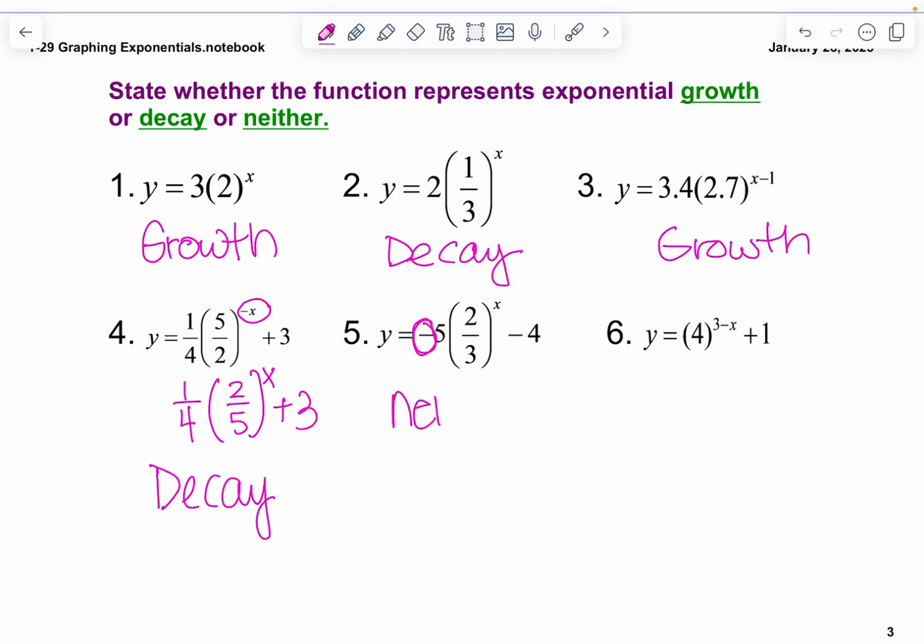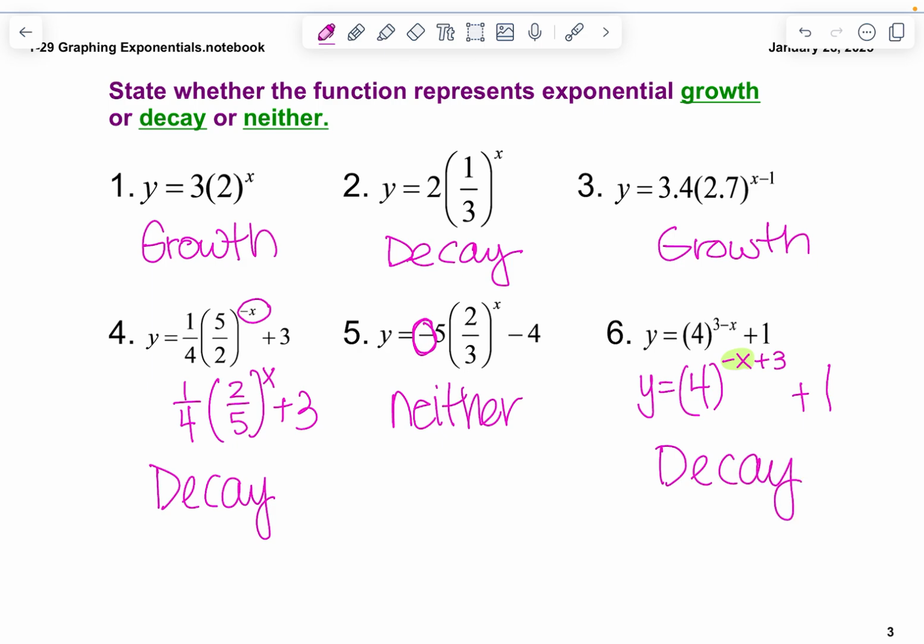This is neither. And number 6, if we rewrite this so that our x is first, we get negative x plus 3 up in the exponent. And again, because that negative x is going to switch my base to be a fraction, this is going to be decay.